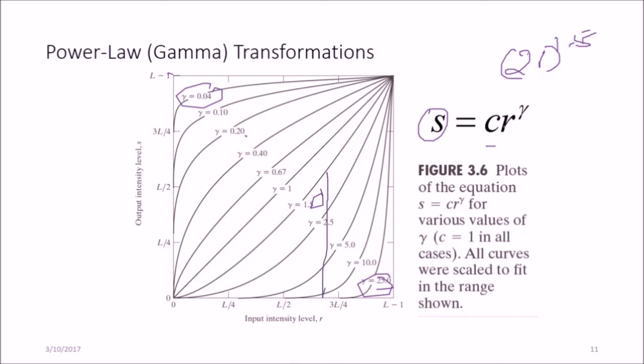So if your r is this and you apply gamma as 1.5, this will be your result. These are the plots of the equation s equals C r to the power gamma, and C we take as 1 in these curves. All curves were scaled to fit here, and this power law gamma transformation will be like this.